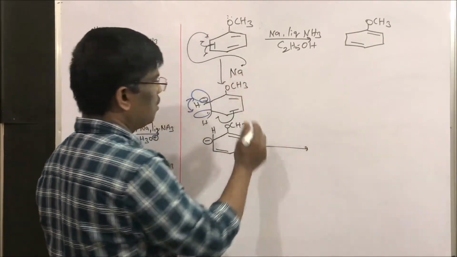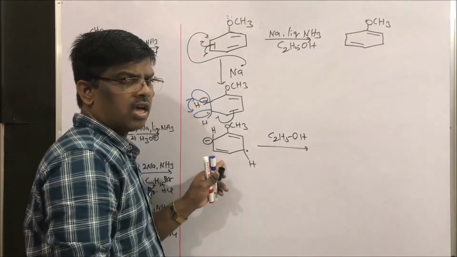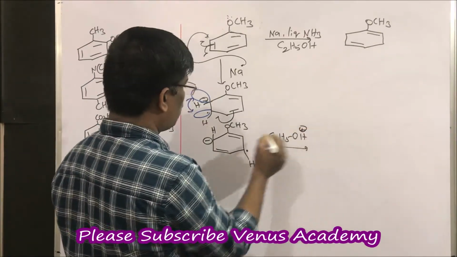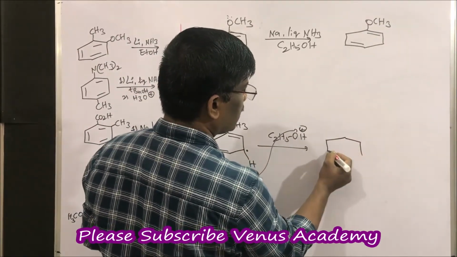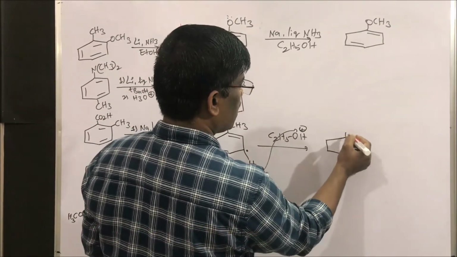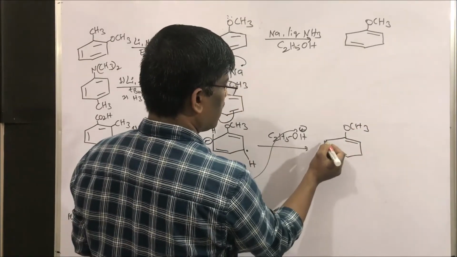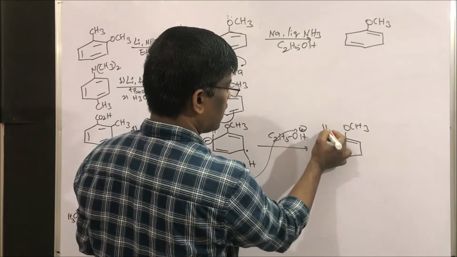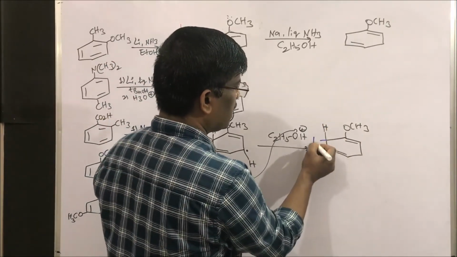Yes, from ethanol it takes a proton, this proton will be taken up by this, and to give what we are going to get? Yes, so we are not going to disturb this double bond, and now here one double bond is there, the existing hydrogen, and one new hydrogen has come from ethanol.